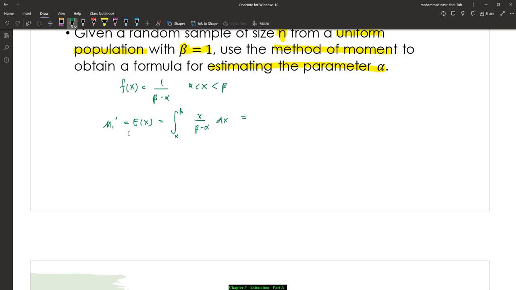And from prior knowledge, we can integrate this one. So beta minus alpha, from alpha to beta. So this one should be beta squared over beta minus alpha, squared divided by beta minus alpha.